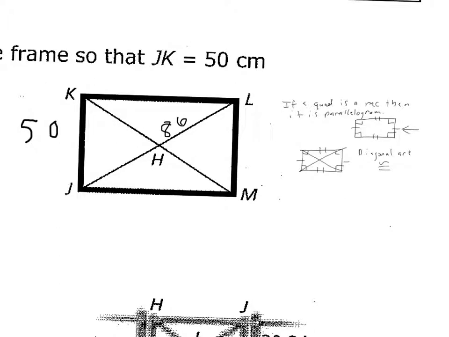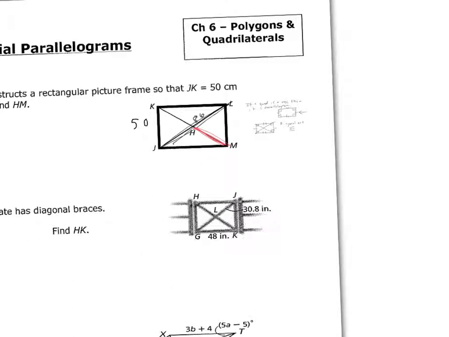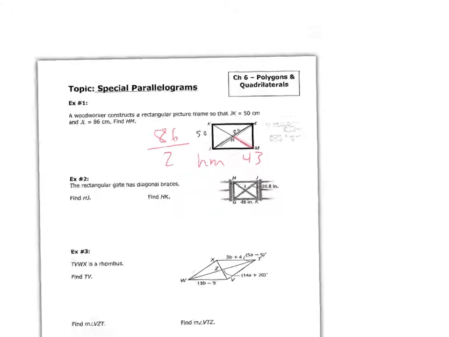Since we know that the diagonal is 86, and we know that diagonals are congruent, we know that HM is going to be half of the length of that diagonal. So if we take 86, the length of our diagonal, and divide it by 2, that gives us an HM value of 43. Okay?